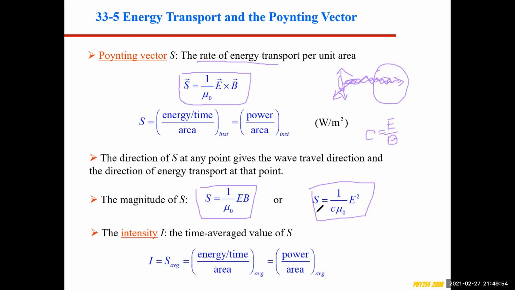In other words, the intensity I of the energy through this space will be the time average value of the Poynting vector. So we need to evaluate this quantity. The bracket indicates the time average over the period. Mu naught, of course, is a constant, so we can bring it outside.